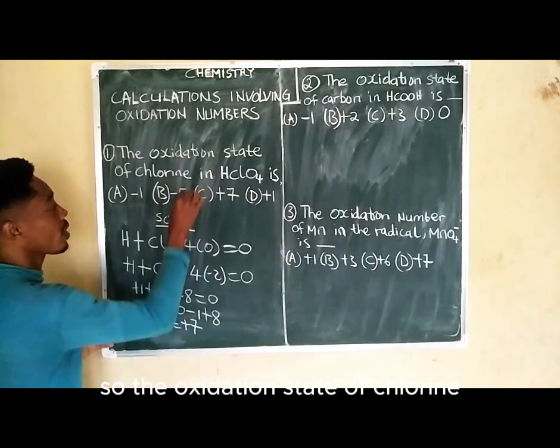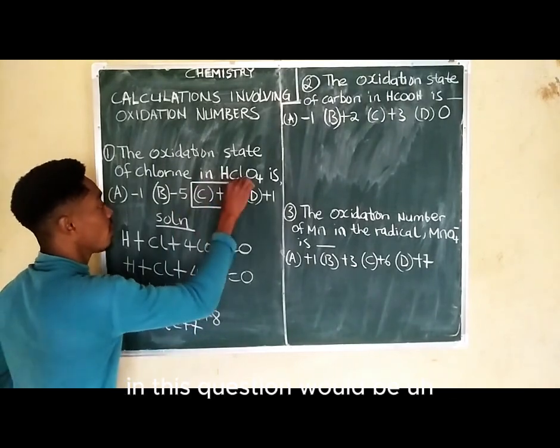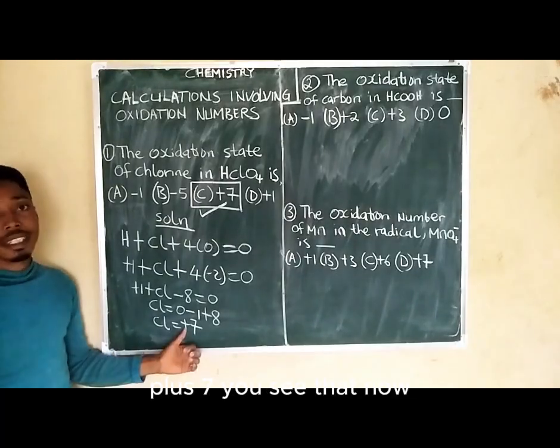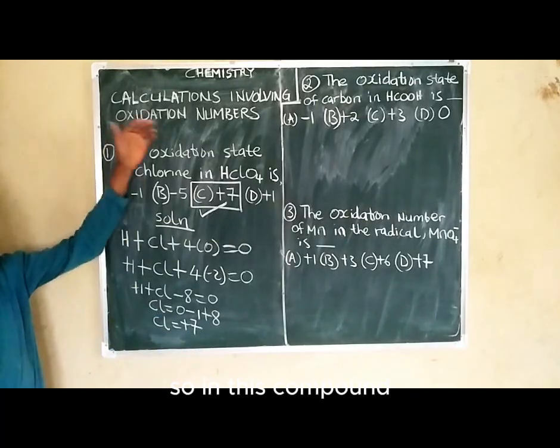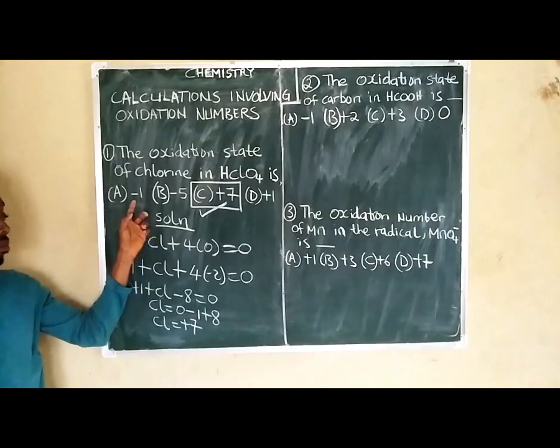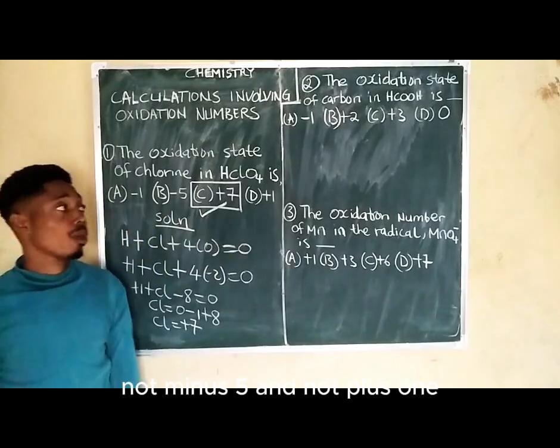So the oxidation state of chlorine in this question would be +7. You see that now. So in this compound, the oxidation state will not be -1, not -5, and not +1.